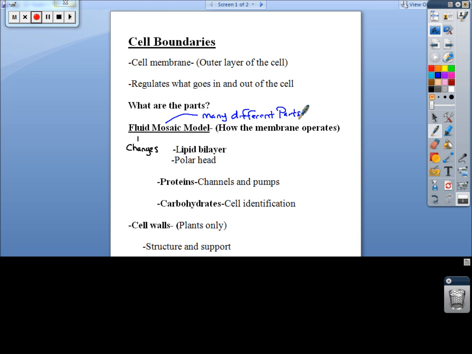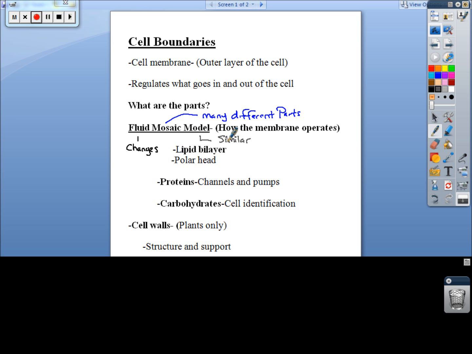And then the model is just something that is similar. So to understand this, it tells us that the cell membrane is changing. It adapts and changes as needed, and that it's made of many different parts. And this is a model. When you look at this, we're saying that this idea is a basic description of it. So when you see that fluid mosaic model, that's what it means.